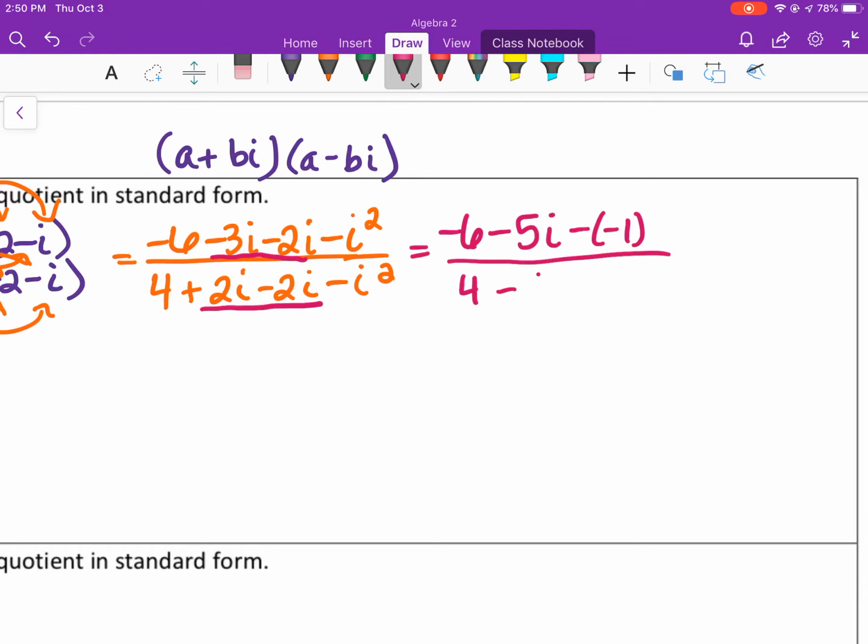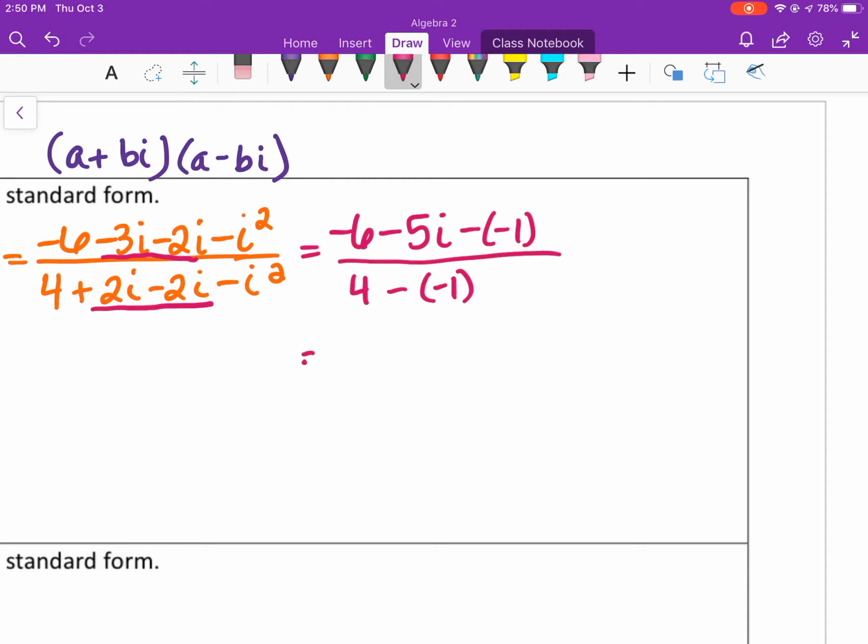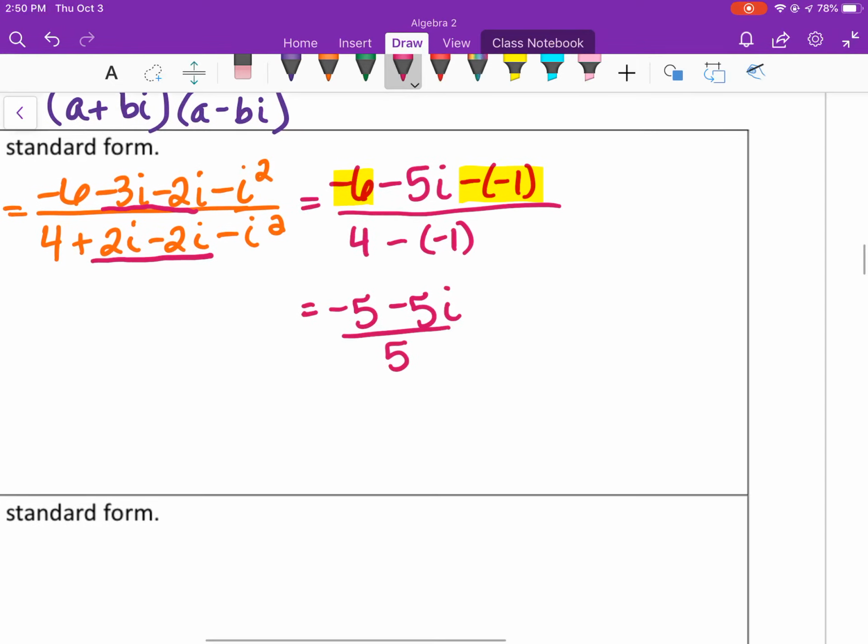So you're going to have 4 minus the negative 1. Simplifying one more time, I'm going to have negative 6, it's going to be plus 1, so negative 5 minus 5I, and then on the bottom, 4 minus negative 1 will be 5.